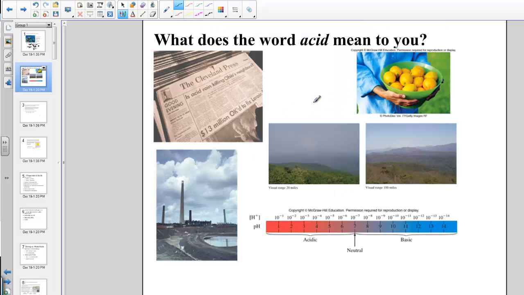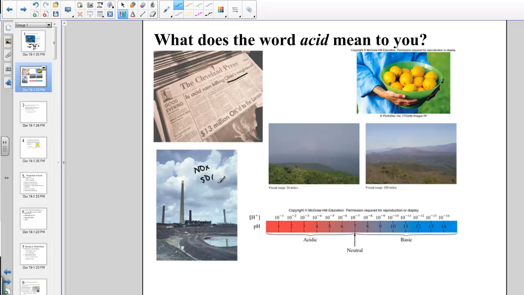What does the word acid mean to you? Well, here we see a Cleveland Press headline from a while ago, obviously, that acid rain is killing Ohio's neighbors. Being from Michigan, this is quite concerning because Michigan is an Ohio neighbor. But you can also see that because of the large amount of industry on the shores of Lake Erie, that industry is releasing nitrous oxides, we'll just say NOx for now, where x represents a subscript on the nitrous oxides.